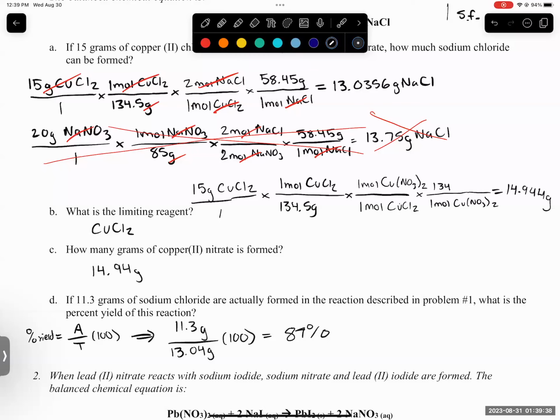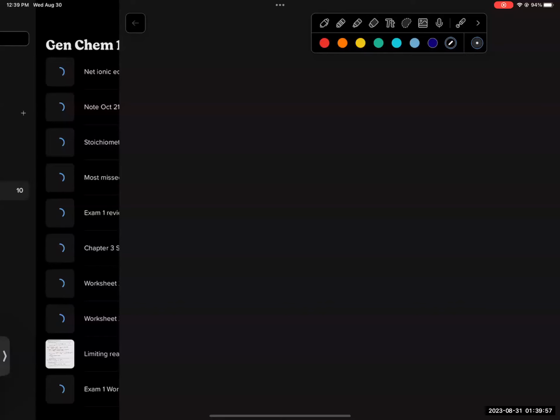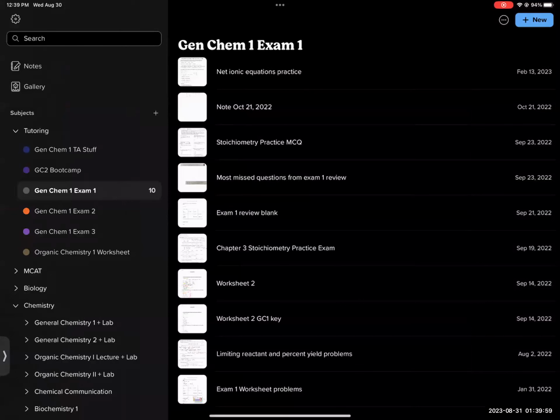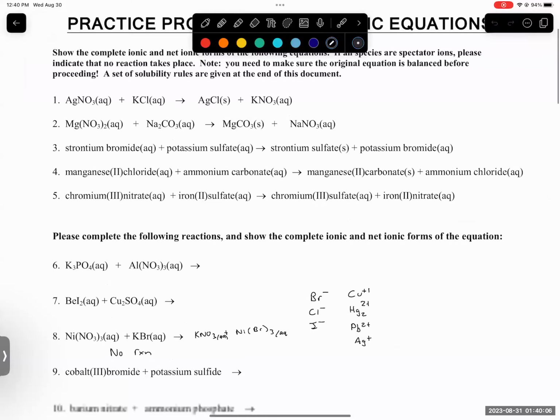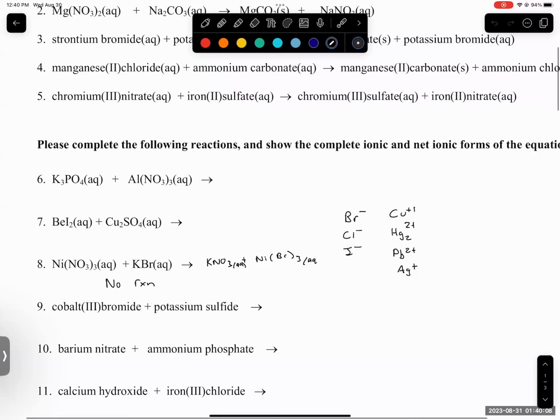Another one, or y'all wanna do something, a different type of problem? How do y'all feel about net ionic equations? So the one important thing that you have to remember for net ionic equations is solubility rules.